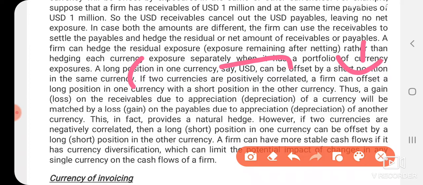Thus a gain or loss on the receivables due to appreciation or depreciation of a currency will be matched by a loss or gain on the payables.